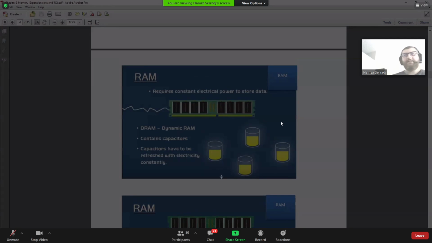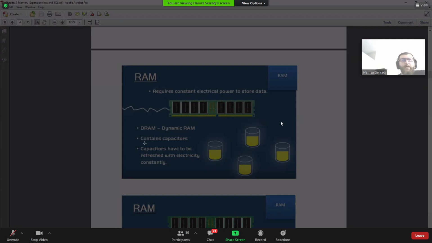So there's always some amount of energy that will be lost, and this is why, to keep a certain amount of charge inside those capacitors, we need to continuously replenish that energy, or that water if you want. I have a bucket with a hole on the bottom, and to keep a certain level of water in that bucket, I need to continuously keep putting water in. So this is a continuous refresh to keep the data inside.